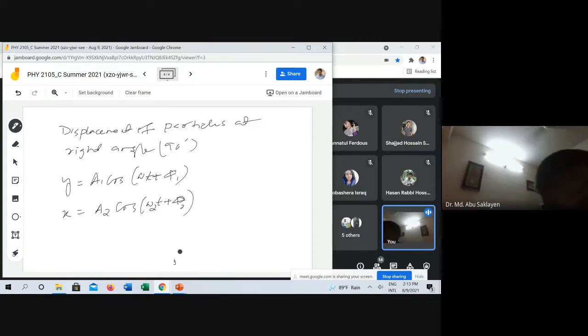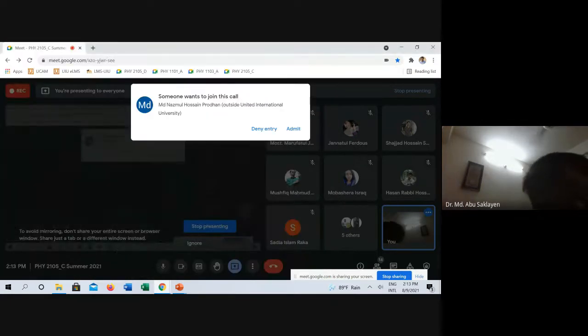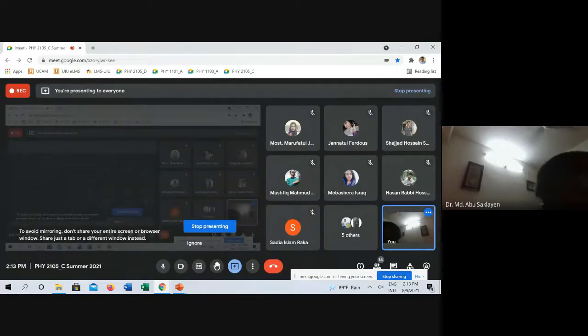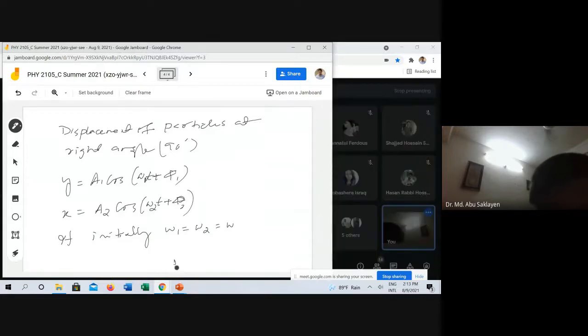So phase difference and angular frequency are also different. So if we consider initially omega 1 equal to omega 2 equal to omega, that means initially angular frequencies are the same. So what will it be?